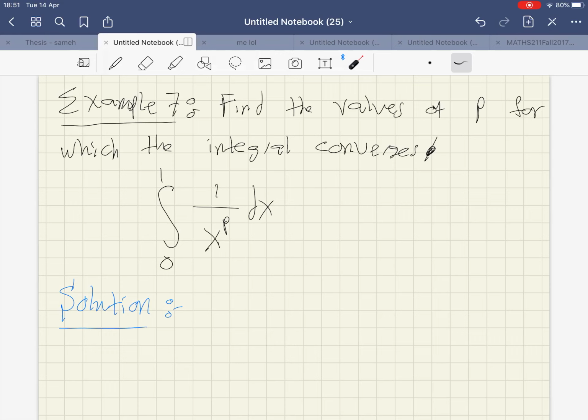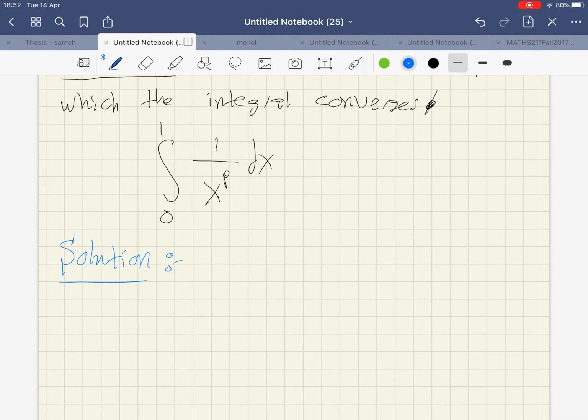Now we have a different question. Why is it different? Because now I have it from 0 to 1. So let's work it out. Let's find this integral, and then we will find the value of p. Now this integral is improper of type 2, which is an unbounded function.